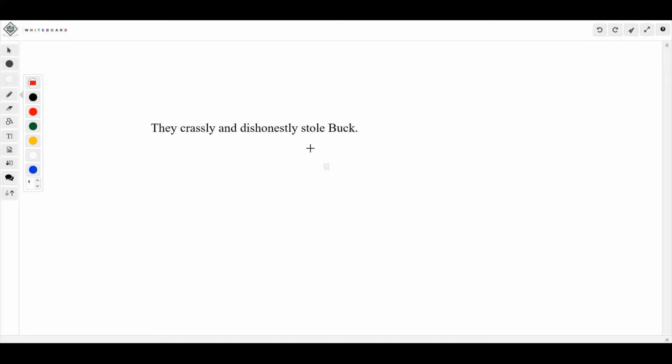All right. So our verb is stole. Who or what stole? They. This is action. So they stole who or what? Buck. That's your direct object. Now, crassly and dishonestly. Here's your conjunction. But what kind of words are these?